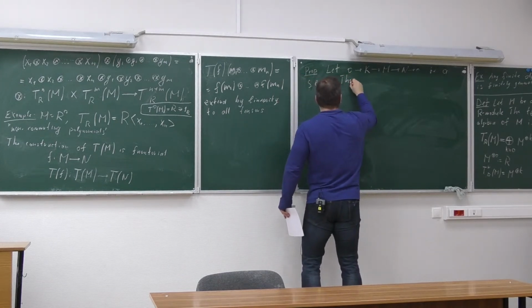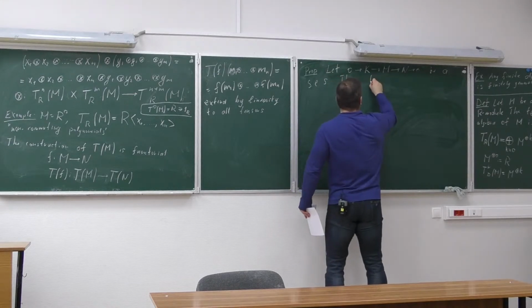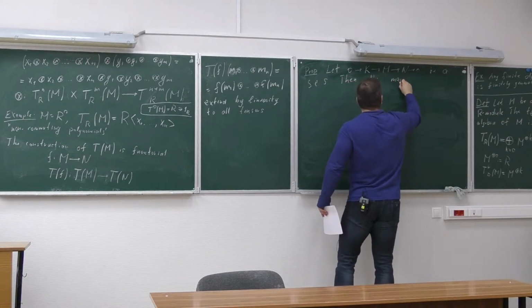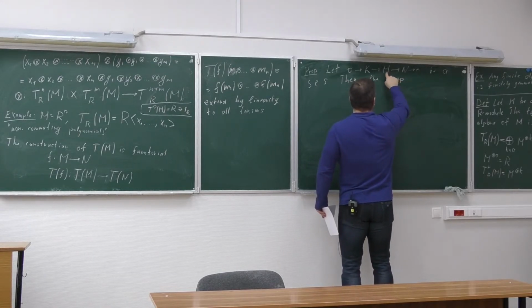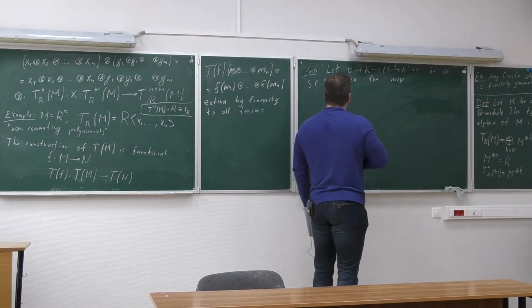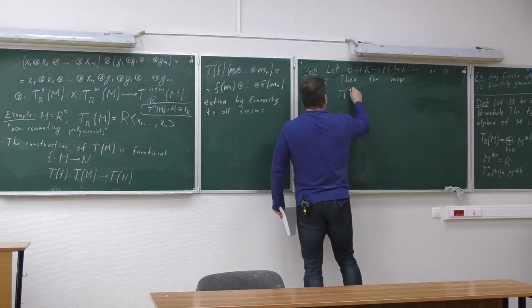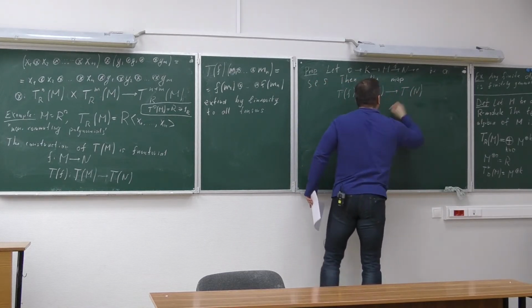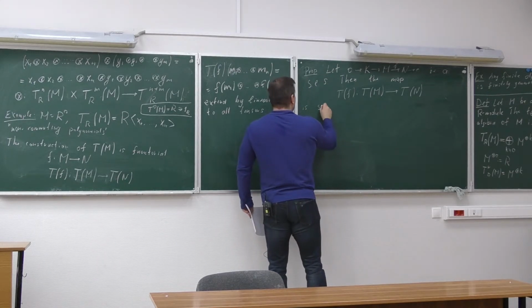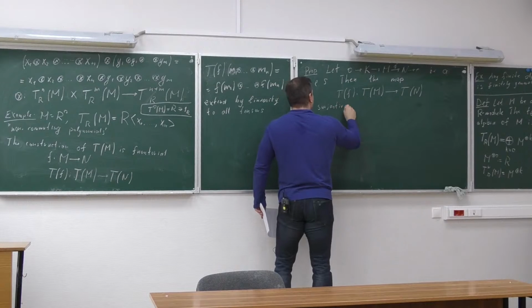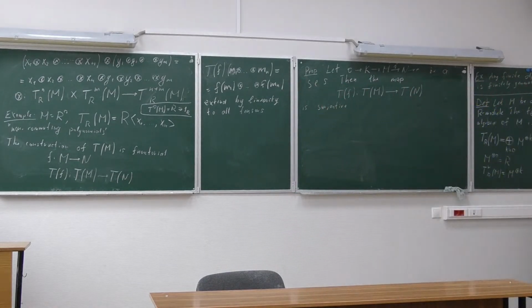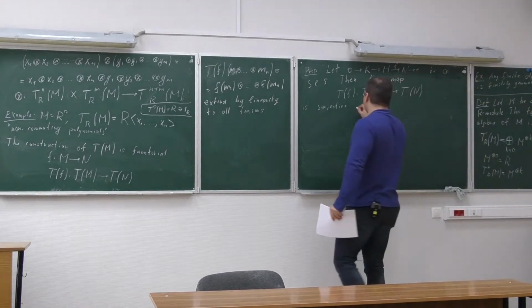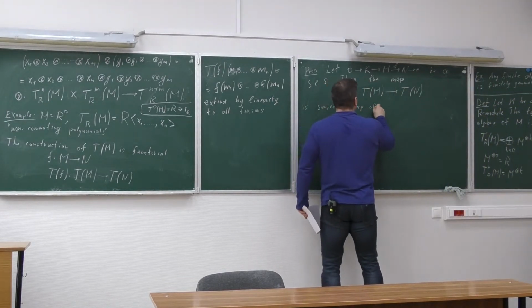Then the map of algebras, so let's call this first map between M and N F again, as in the definition. So then we have the map T of F from the tensor algebra of M to the tensor algebra of N. Then the map is surjective. Of course, this is as a map of algebras. So surjective map of algebras.